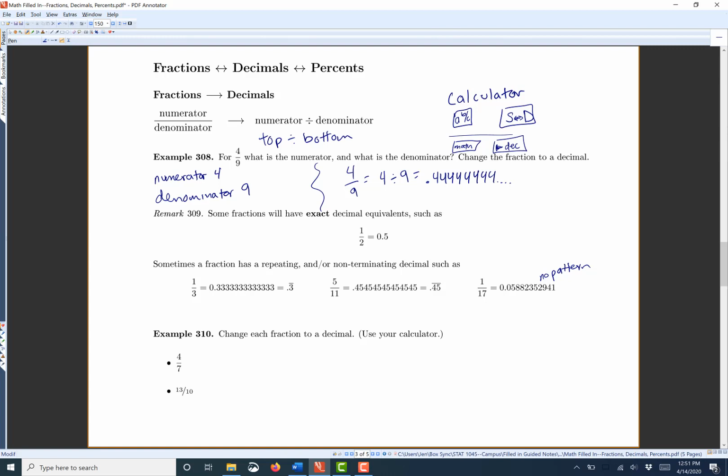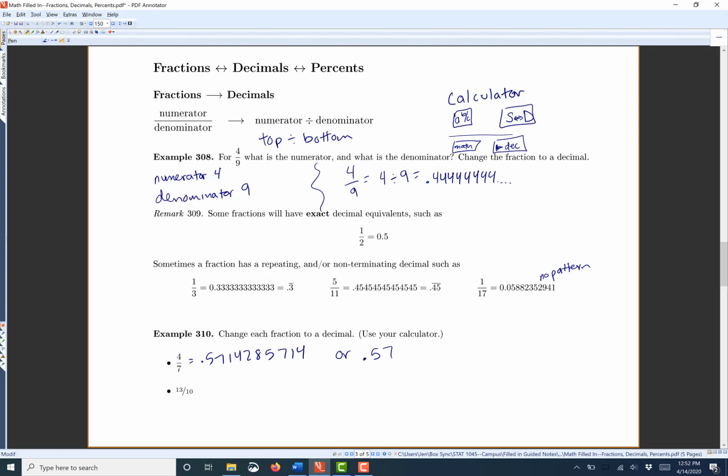For the next example, let's change each fraction to a decimal. Again, just use your calculator. For 4/7, I will just type in 4 divided by 7, and I get 0.5714285714. I would probably just write 0.57 because I don't want to write that whole thing out.